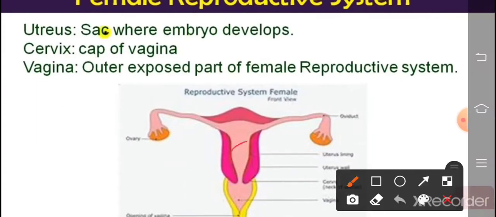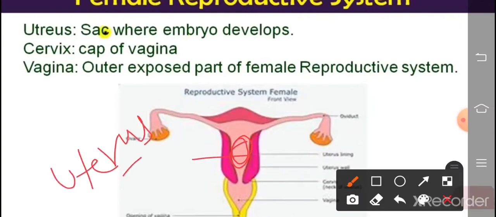This portion is called the uterus. What is the function of the uterus? It is a sac-like structure where the embryo develops. The egg fertilizes and develops into the embryo in the uterus portion.